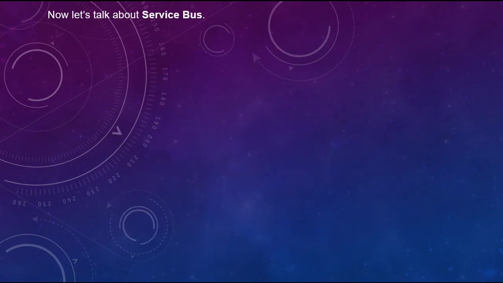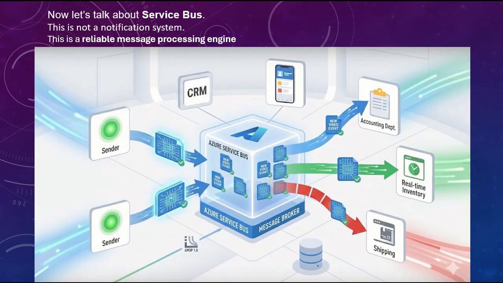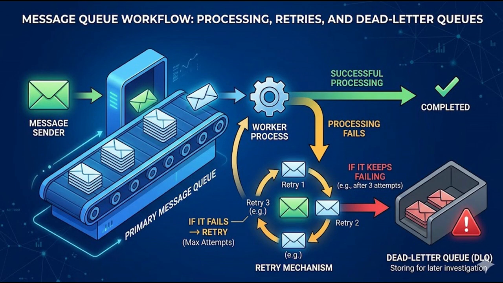Now let's talk about Service Bus. This is not a notification system actually. This is a reliable message processing engine. So bear it in mind. Let's move ahead to know more about it. If you see here, a message is sent to a queue, and a worker processes it.